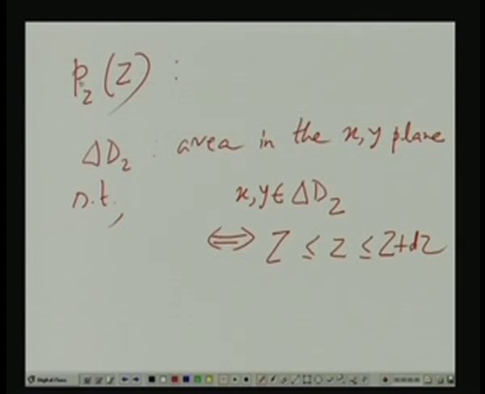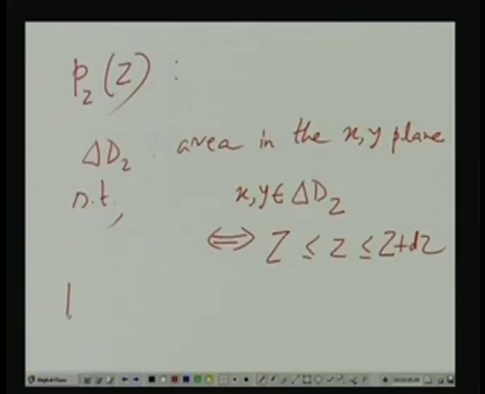After all, what is the probability density for this random variable z? It is nothing but the probability that z takes values between capital Z and Z plus dZ. That probability will be given by this probability density times dZ. That is general, which we have already seen. But since z is coming from an (x, y) pair, I find in the xy plane an area, which we call the differential area delta D_Z, so that whenever (x, y) falls in delta D_Z, this relation is satisfied.